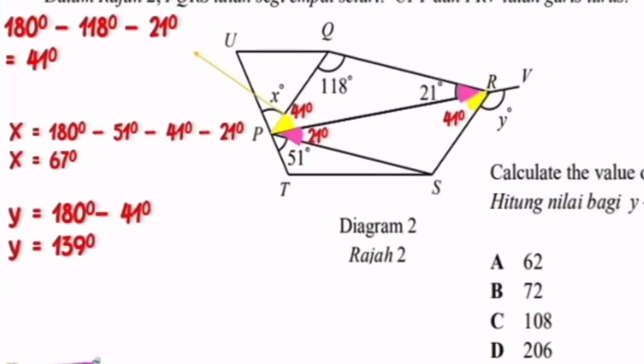So you get 159 degrees. So you just take 159 degrees minus 67. So the answer is 92, B, right? Okay, so we have settled question number 8.